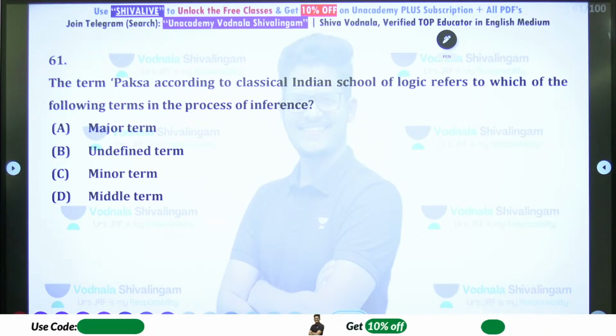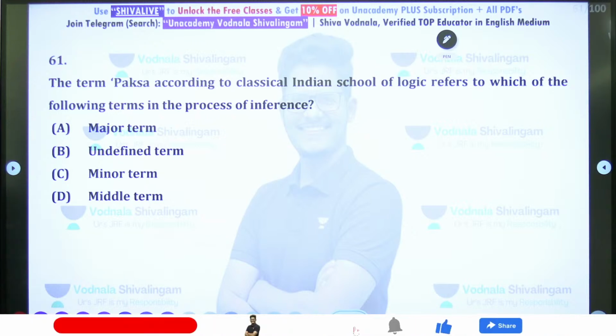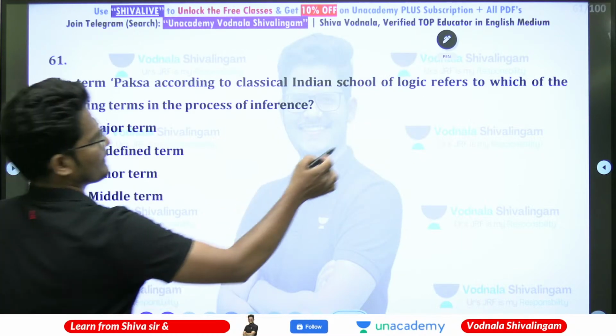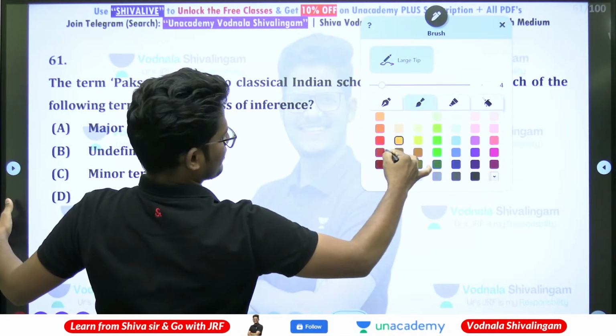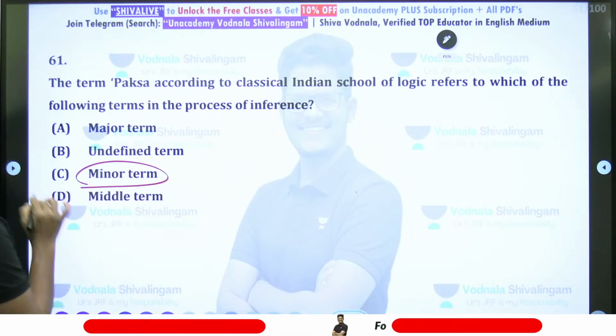The term Paksha, according to the classical Indian school of logic, refers to which of the following terms in the process of inference? The answer for this question is option C, that is minor term.